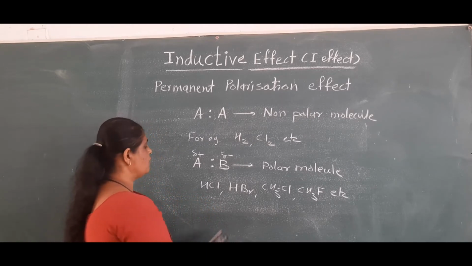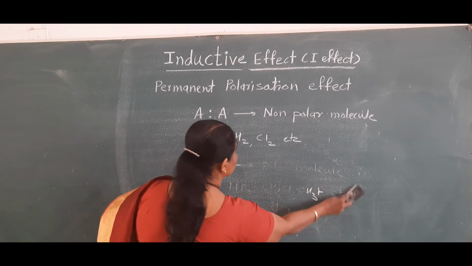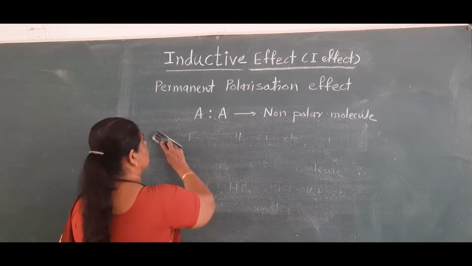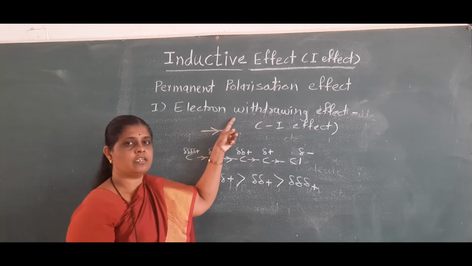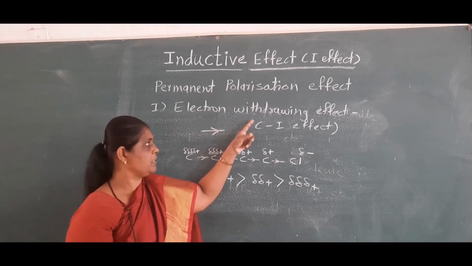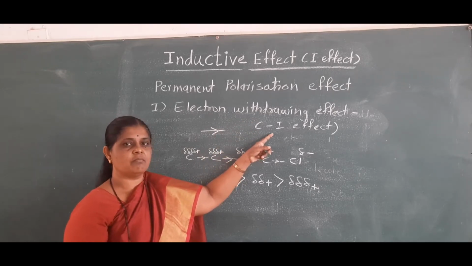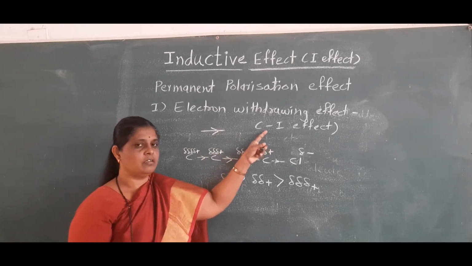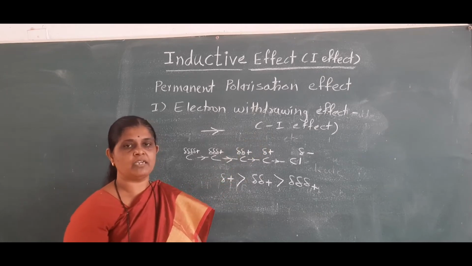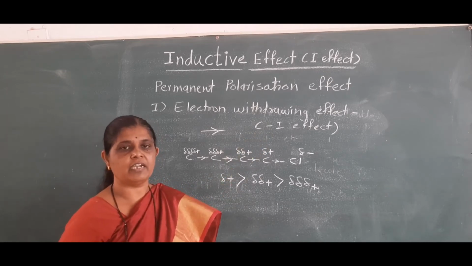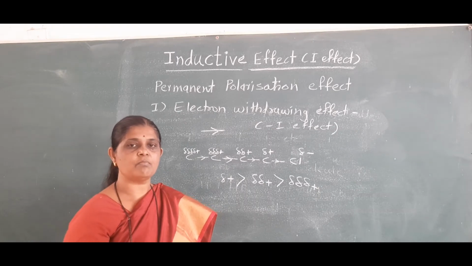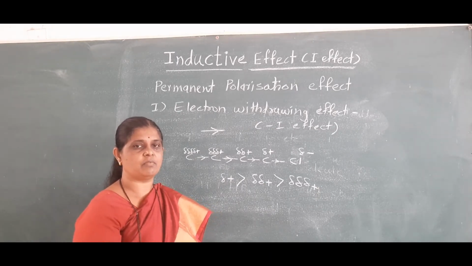First we see what is meant by electron withdrawing inductive effect. It is also known as minus I effect. That effect is shown by electron withdrawing atoms or groups which are more electronegative than carbon atoms.